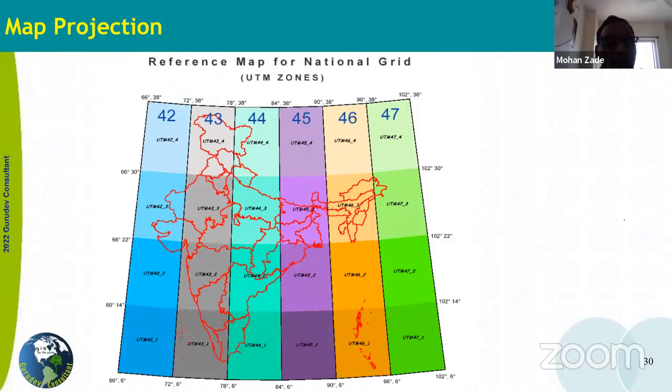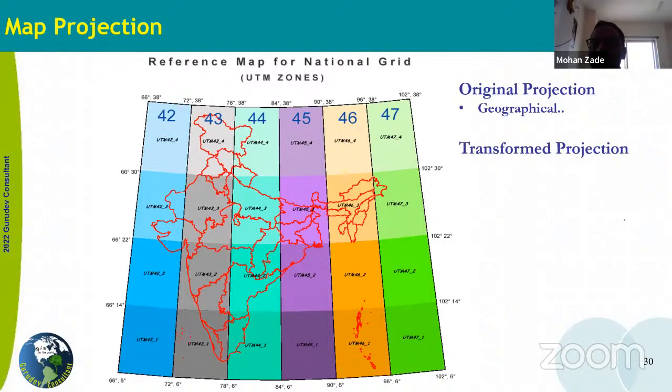It starts from Gujarat, and the UTM zones are 42, 43, 44, 45, 46, and up to 47. So Maharashtra is in 43 as well as 44. So if you are going towards the Vidarbha side or doing some analysis or capturing some data, you should always project your coordinate system into UTM 44. Then you will have accurate measurements of area and distance.